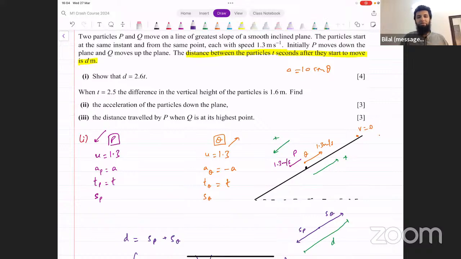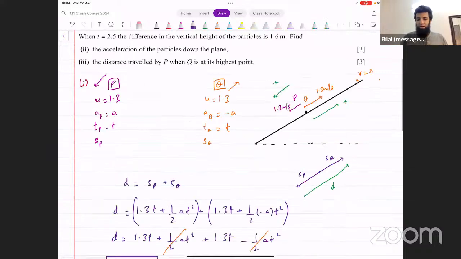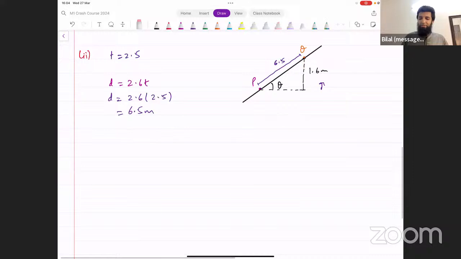We need to find the acceleration of the particles down the plane. How do you find acceleration? Acceleration for this smooth inclined surface where weight is the only force acting is going to be given by 10 sine theta, right? Acceleration is found using 10 sine theta when you have weight as the only force on an inclined surface. Now, the only problem is we don't know what the value of theta is, right?